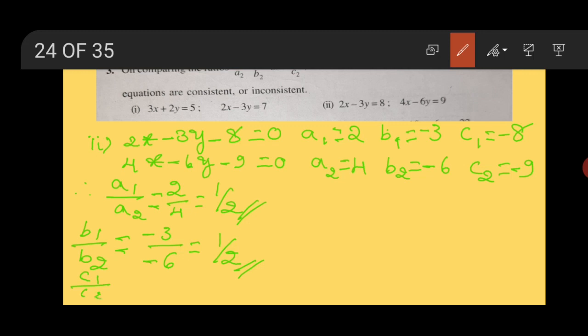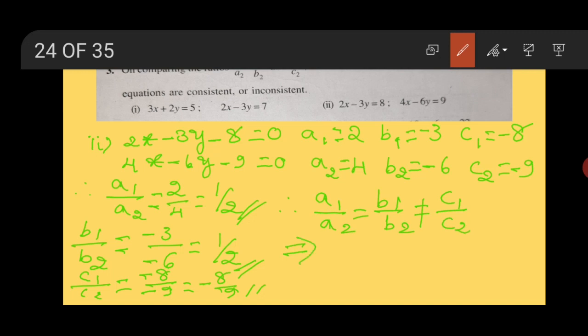Now we have to find C1 by C2, because A1 by A2 is equal to B1 by B2. Therefore we move to the next ratio, C1 divided by C2. It is equal to minus 8 divided by minus 9, which is 8 divided by 9. So are they equal? In this equation, a1 divided by a2 is equal to b1 by b2 and not equal to c1 by c2.